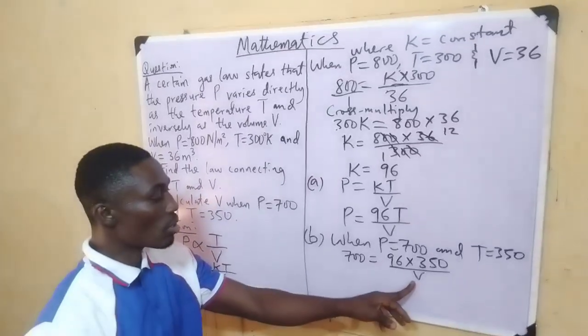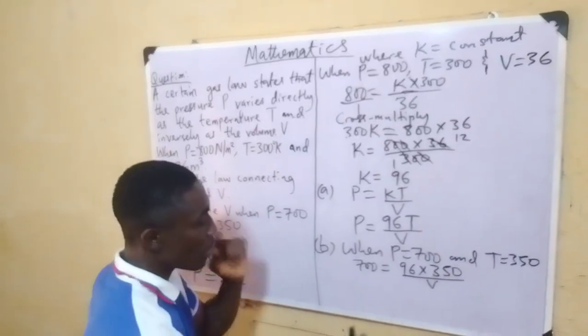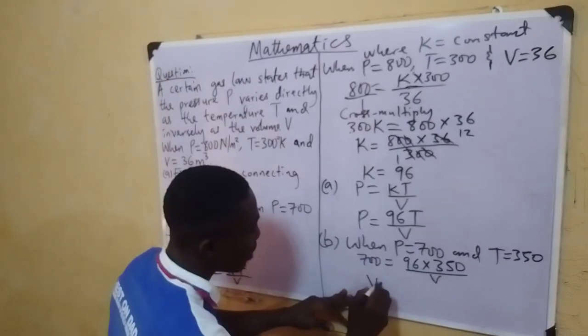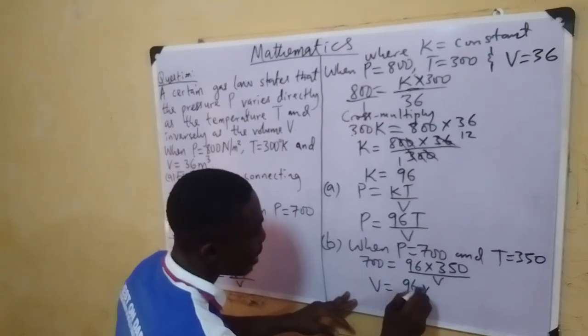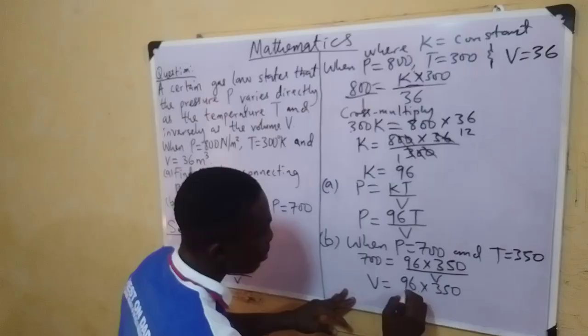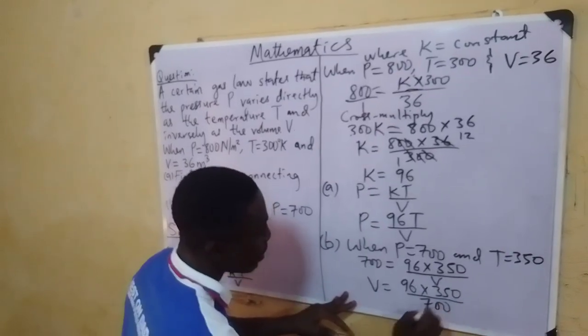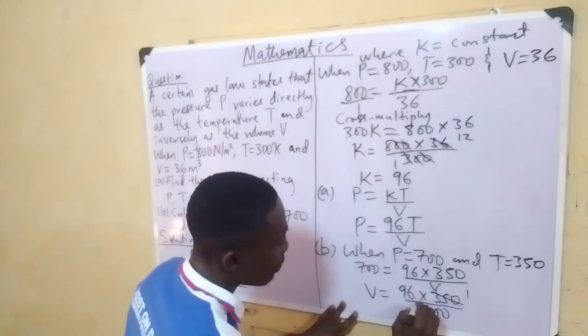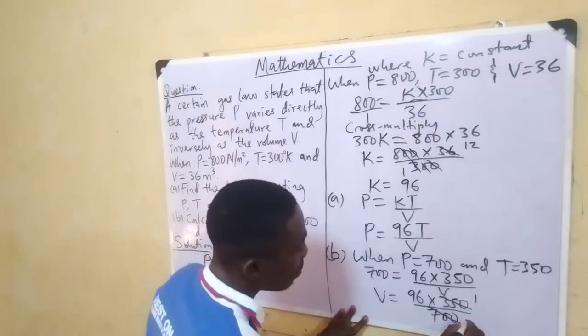So what do we do? You make V the subject of the formula by cross multiplying. That means V will come to this side, 700 goes this way. Now we have V is equal to 96 times 350 over 700. 350 divided by itself will give you 1. 350 divided into 700 will give you 2.